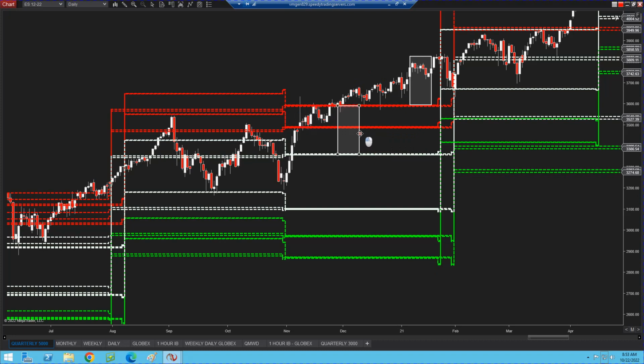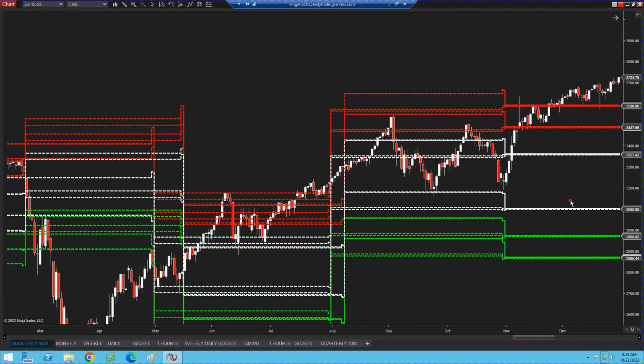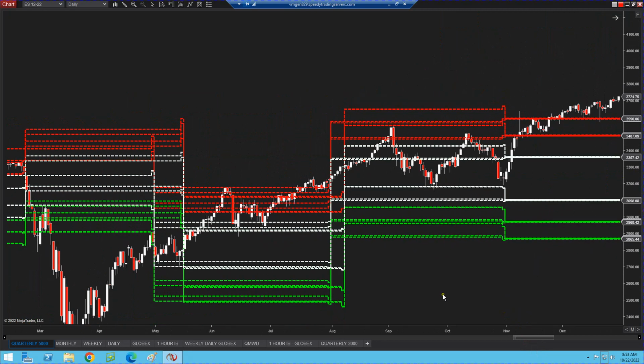And then if it breaks the two and the three, then you can put your measured moves and trade targets. But otherwise, the ones are great places to come in. The market makers love the ones on all these time frames.